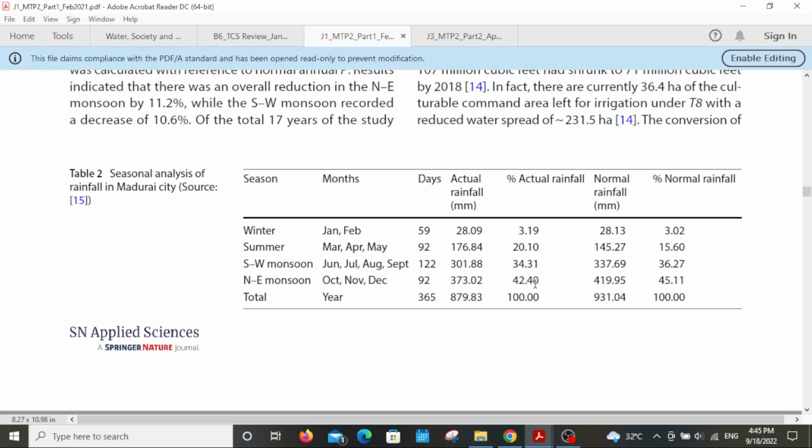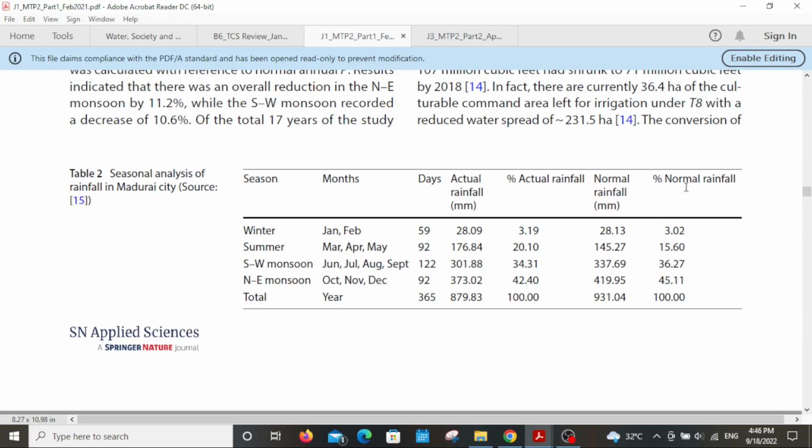As we can see here, the actual rainfall accounts for 42% during the northeast monsoon season and 34% during the southwest monsoon season.